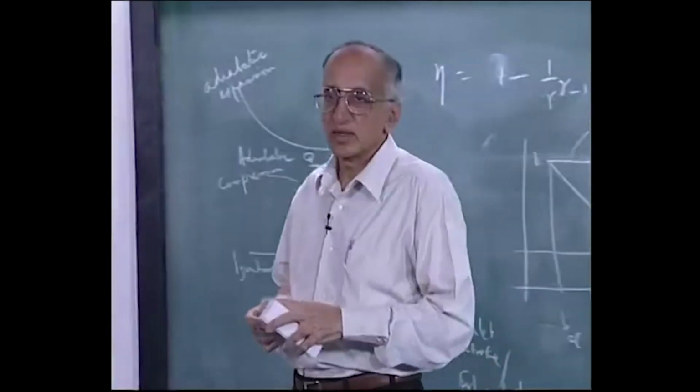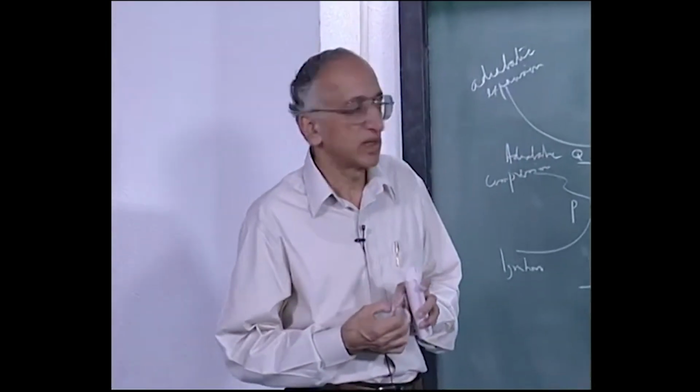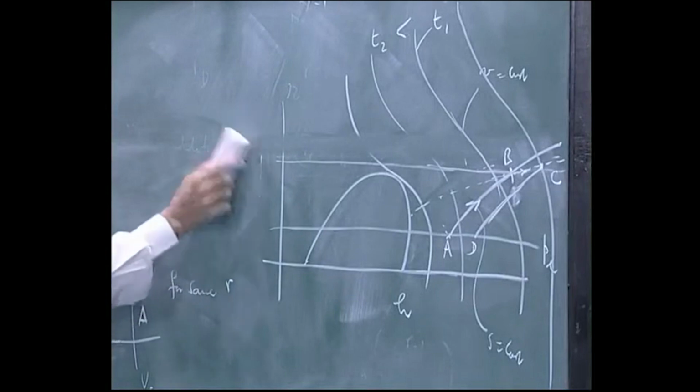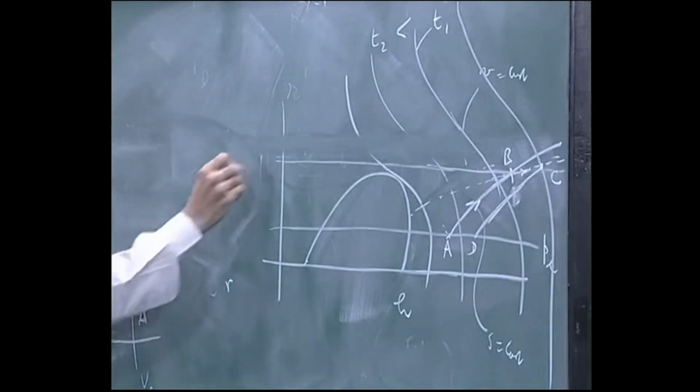So you will have to add the internal energy there and move along that line to the new point. Essentially I will not give it to you in the form of a graph, it will be given to you in the form of a table.